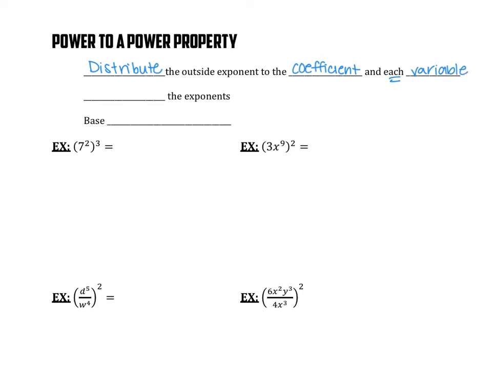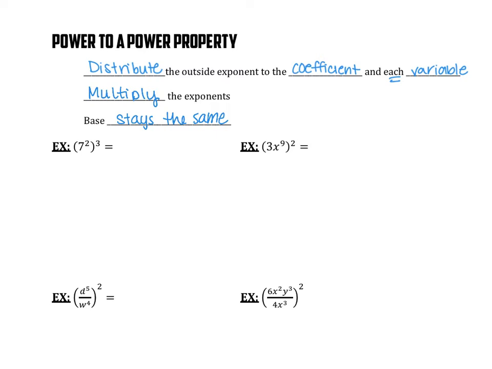Then what we're going to do is multiply the exponents, and the base stays the same. Meaning it doesn't change the value of the base, it only changes the value of the exponents.